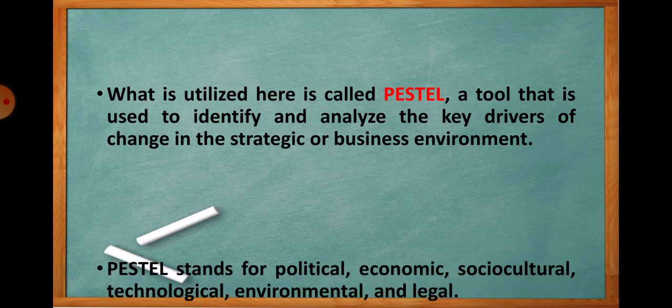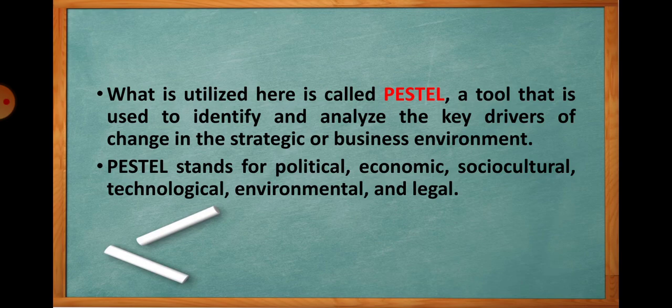PESTEL stands for political, economic, social-cultural, technological, environmental, and legal. However, we are leaving legal behind to stick to what is readily accessible and understandable, since it is assumed that we are working with no legal expertise or counsel as of the moment.